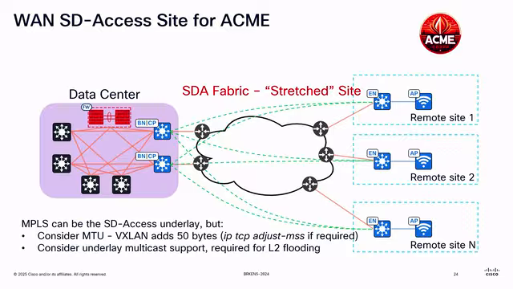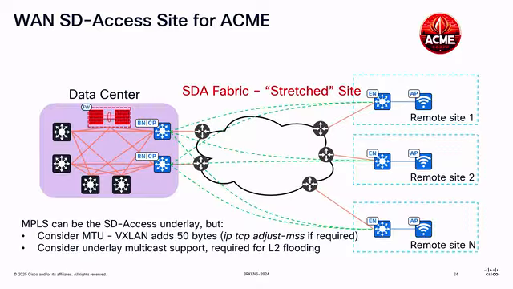Another one is a bit more tricky. If you have a layer 2 flooding requirement in remote sites, when you need to enable broadcasts, then the underlay needs to support PIM SSM, right? Sometimes carriers are happy to do it when they productize it, sometimes they don't. So it's something for you to check before you go with this design, all right?